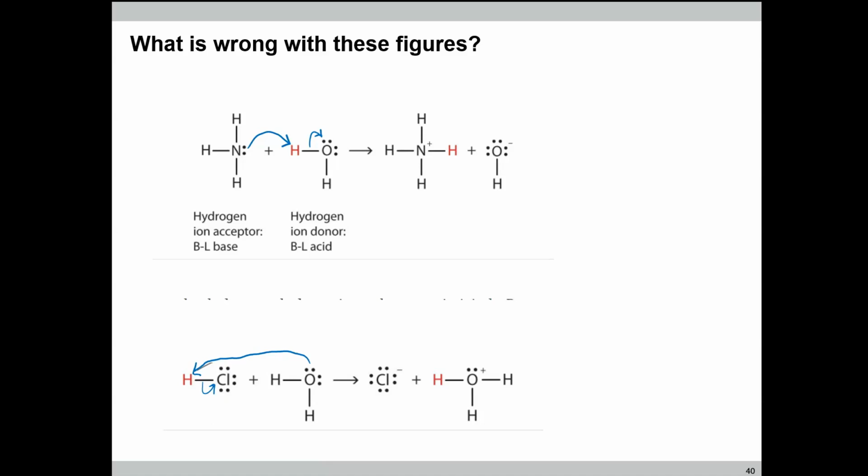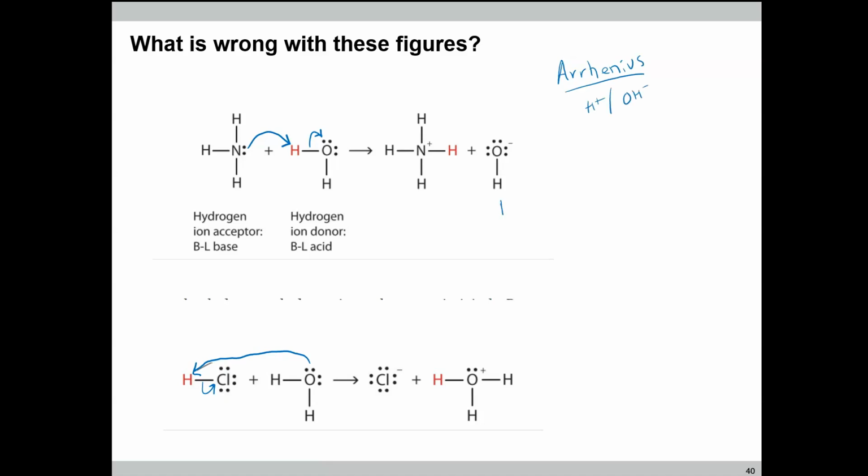Another possible reason for how they drew that out is the difference between the Arrhenius acids and bases and the Bronsted-Lowry acids and bases. And remember, the Arrhenius acids and bases are when we make H plus or OH minus in solution.